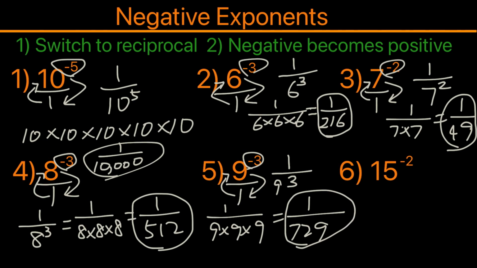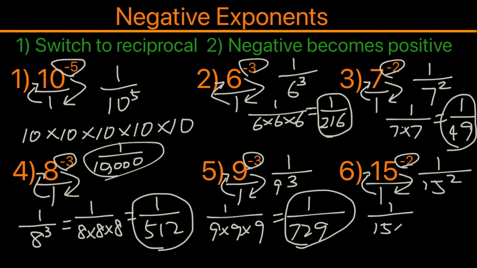Last example, we have 15 to the negative 2. So adding denominator and then swapping, 1 over 15 squared. That's 1 over 15 times 15. And that gives us 1 over 225.